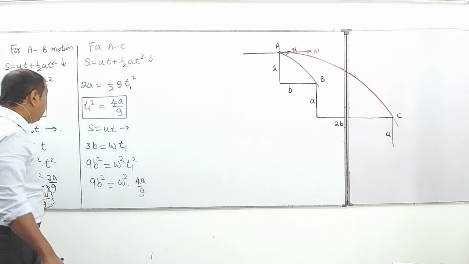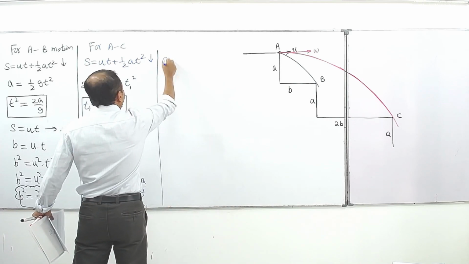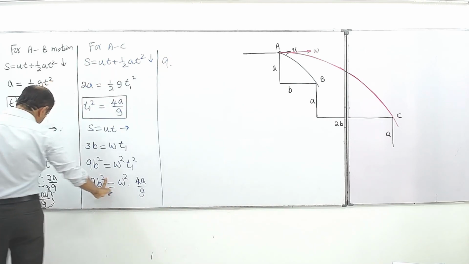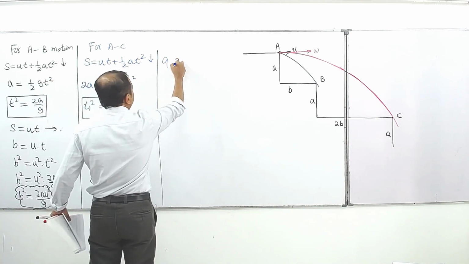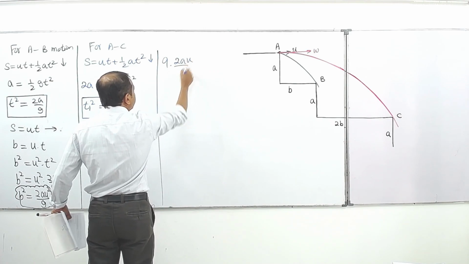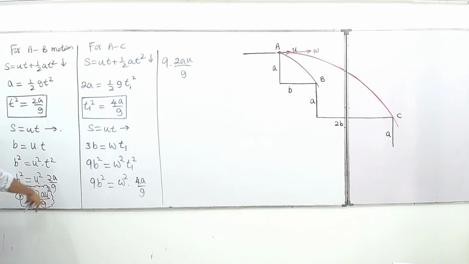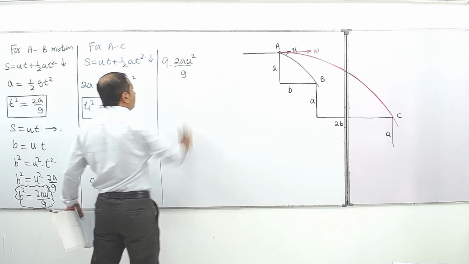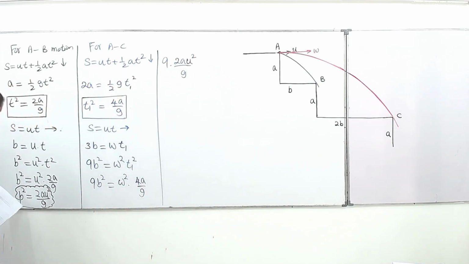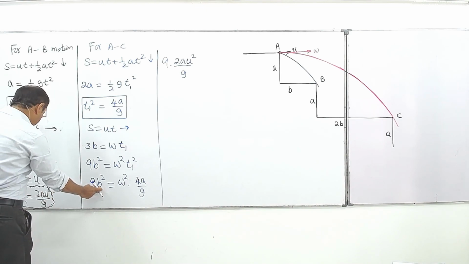Okay. Now for this b squared, I substitute 2a u squared over g, right?